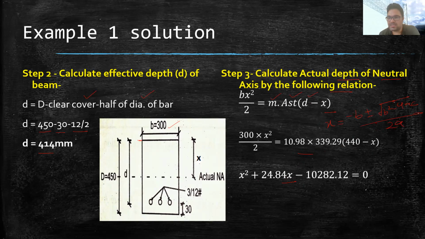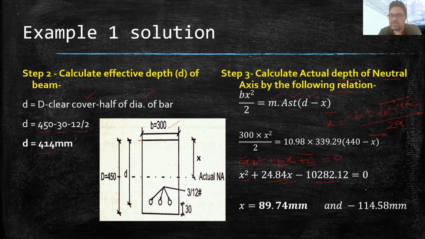In this, a is the coefficient of x square, which is 1, b is the coefficient of x here, which is 24.84, and c is the value 10282.12. So this is ax square plus bx plus c equals 0. After putting all the values in this equation, we can find out two values of x.